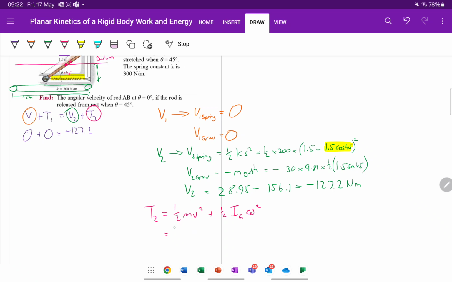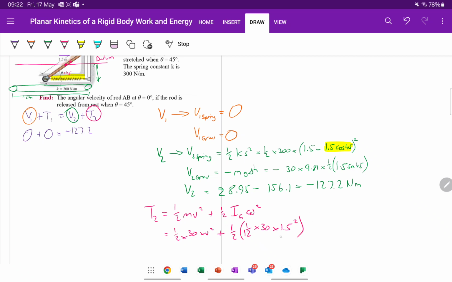So half mv squared: half times the mass, which is 30, times v squared, don't know what v is yet, plus a half times the inertia. It doesn't say it's a slender rod, but it does say it's a rod, so we assume it's slender. We're going to have to make that assumption in order to find an inertia. To find my inertia about G, I'm going to do 1/12 times the mass times the length squared.